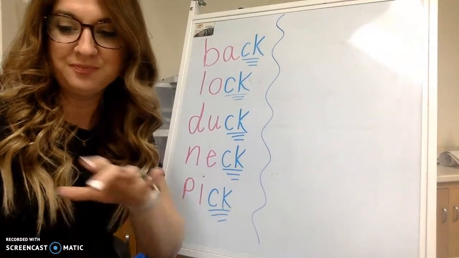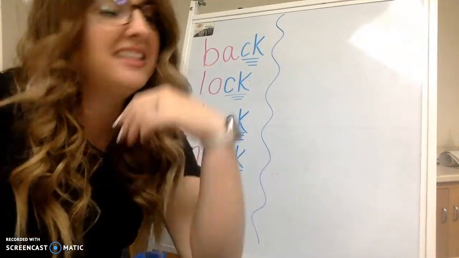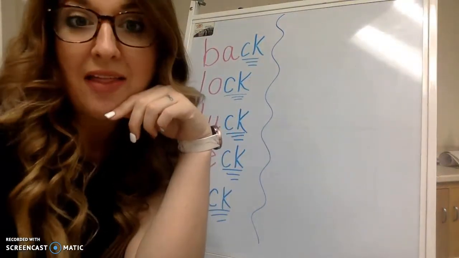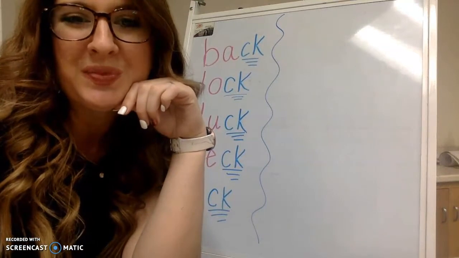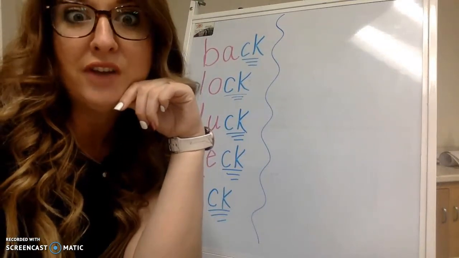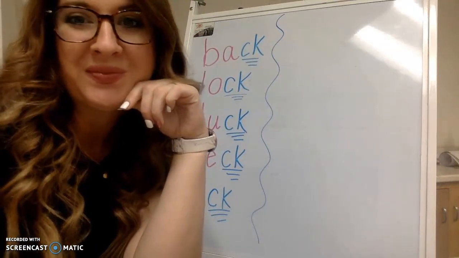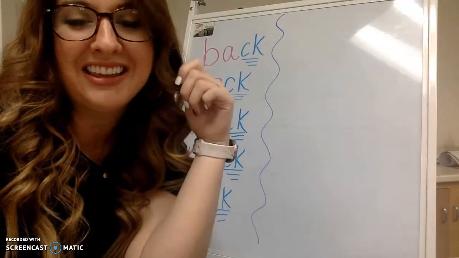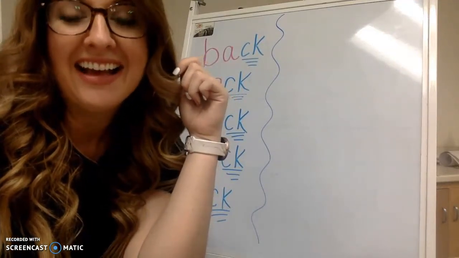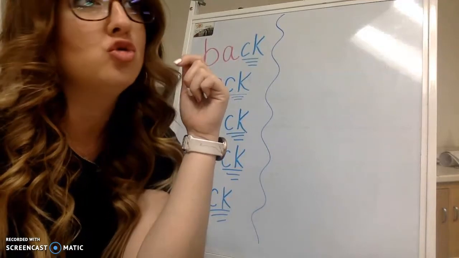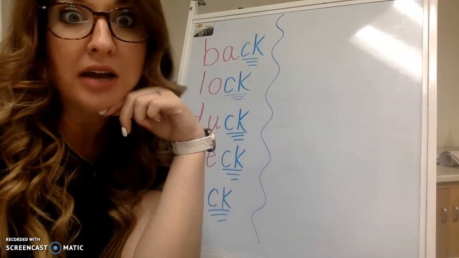I'm thinking of another animal. This lives on a farm. That's right. I'm thinking of a chicken. Ooh, that has two digraphs in it.